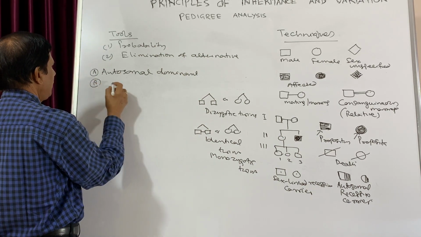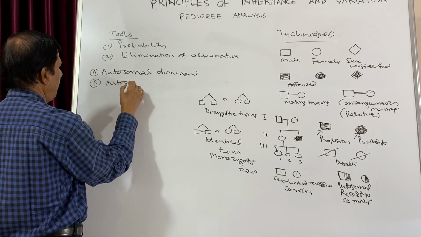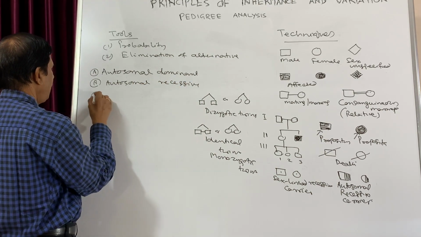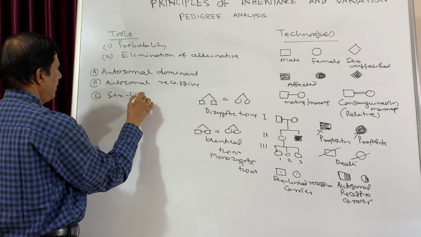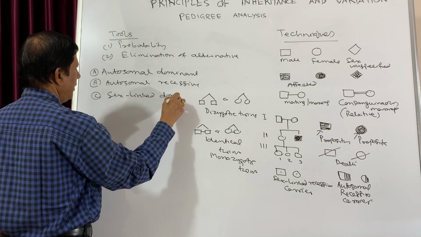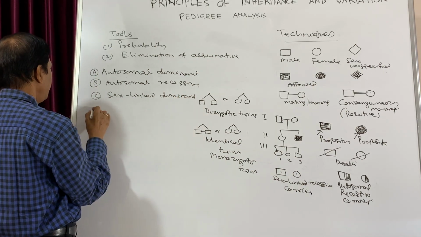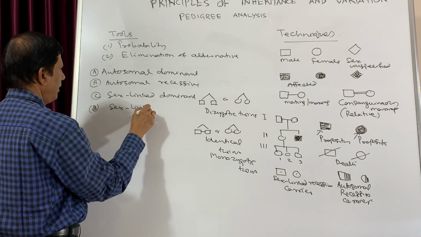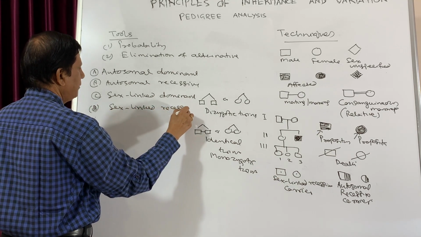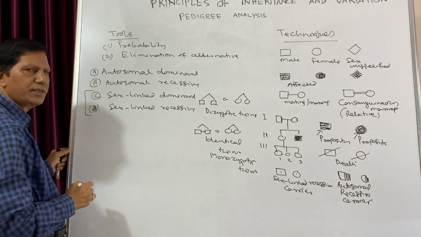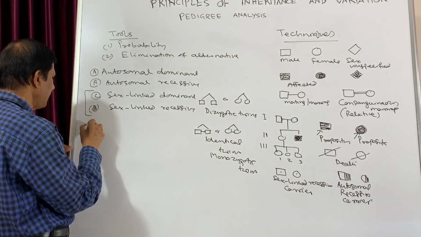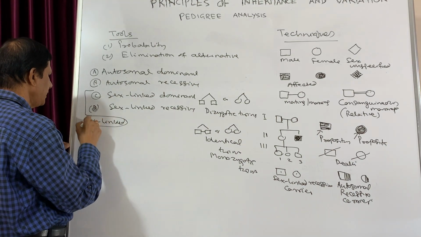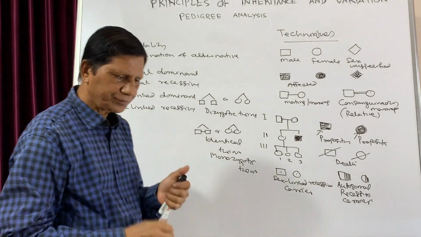The second one is autosomal recessive. Third one is sex-linked dominant. And the fourth one is sex-linked recessive. And these 2 sex-linked, you can also call X-linked inheritance.